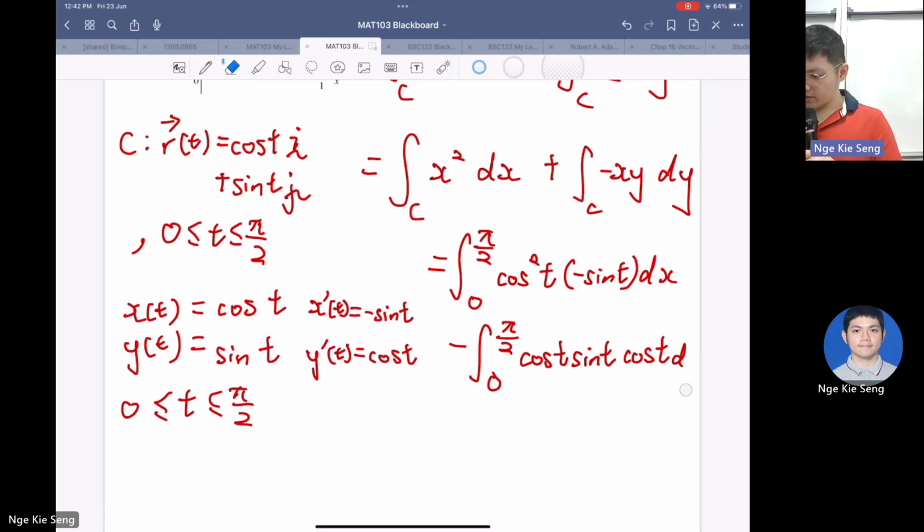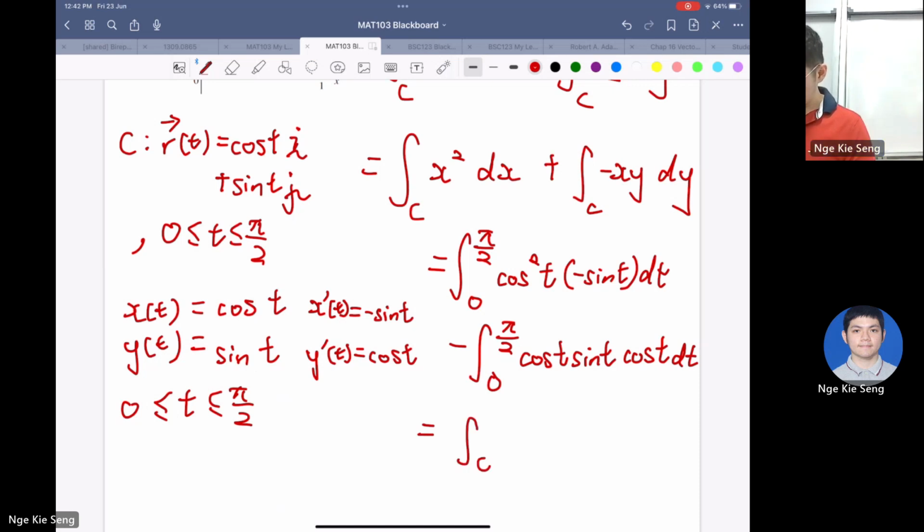Oh sorry, dt, yes correct, thank you. We changed to t already, so everything should be in t. Okay, good. Altogether we have the integral from 0 to π/2 of minus 2 cos² t sin t.